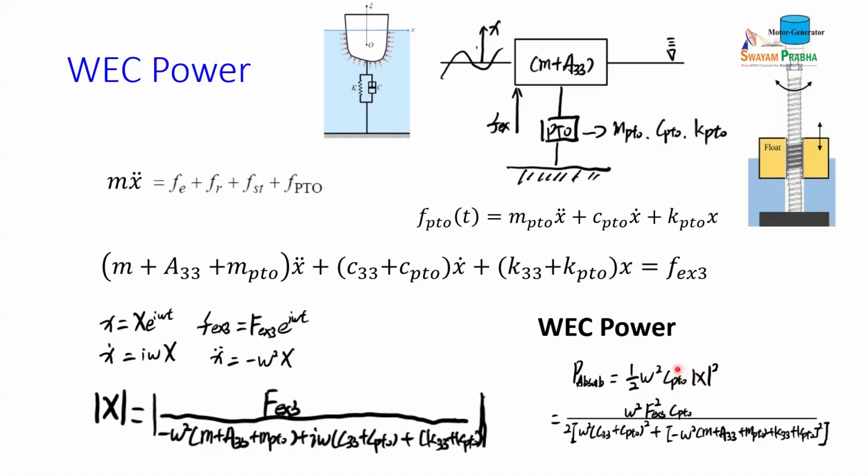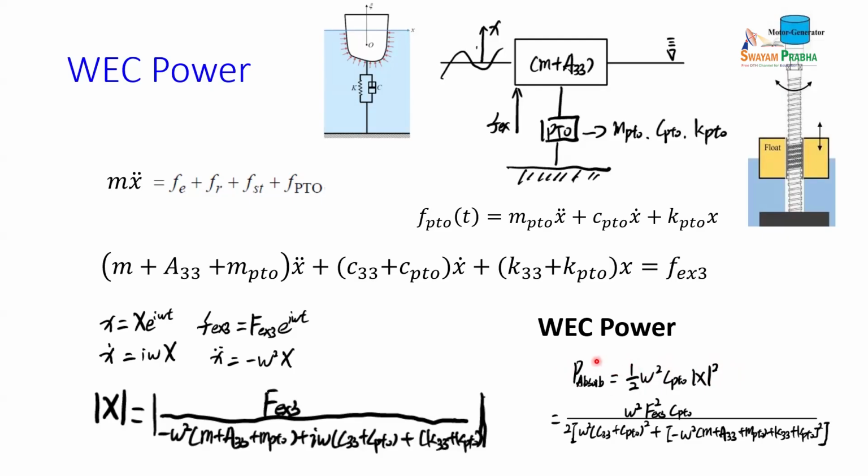Okay, now with this in mind, we can calculate the power, right? The average power is proportional to the PTO damping coefficient, or electric damping coefficient. It is proportional to the relative velocity, right? Velocity squared is omega squared times x amplitude squared. So that is the average power.